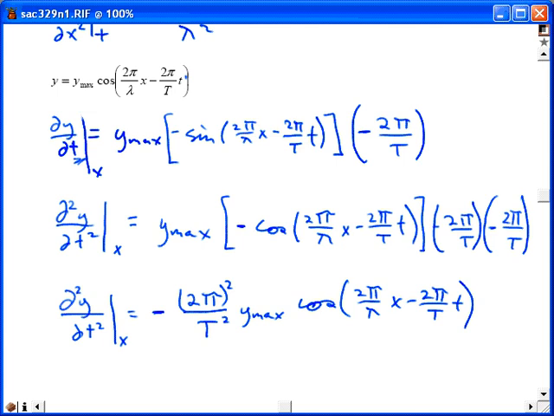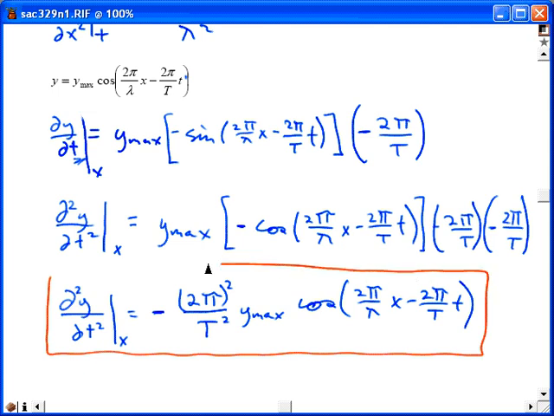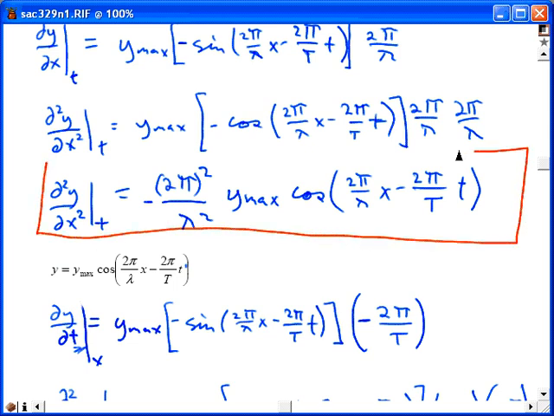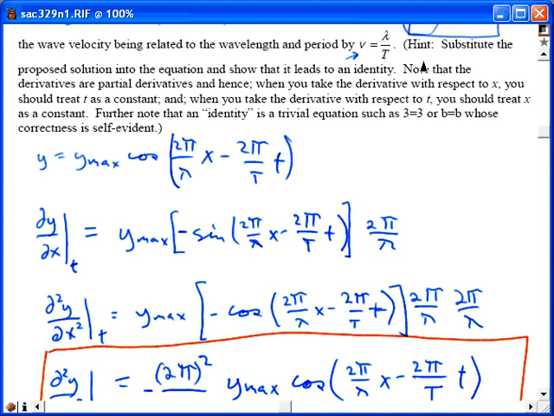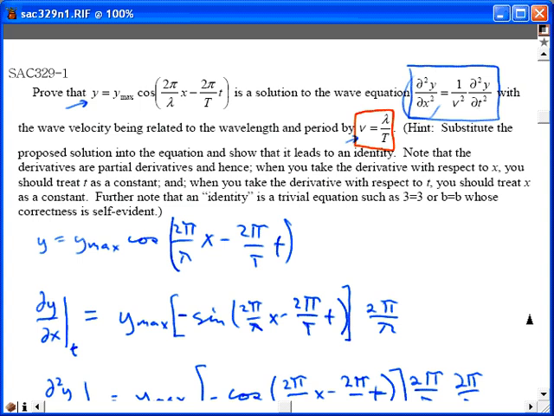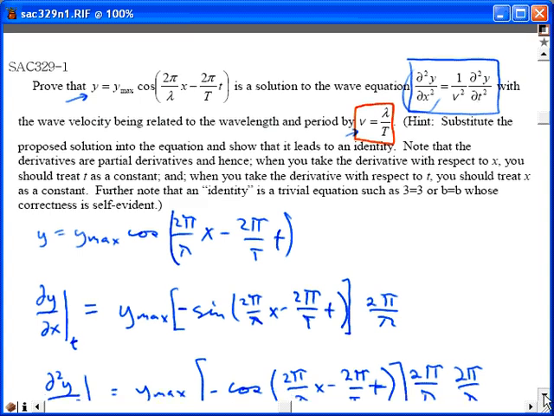And I think we're ready to substitute stuff in. So we got this expression is going to go in, and this expression goes in for v. So first I need the d squared y by dx squared.